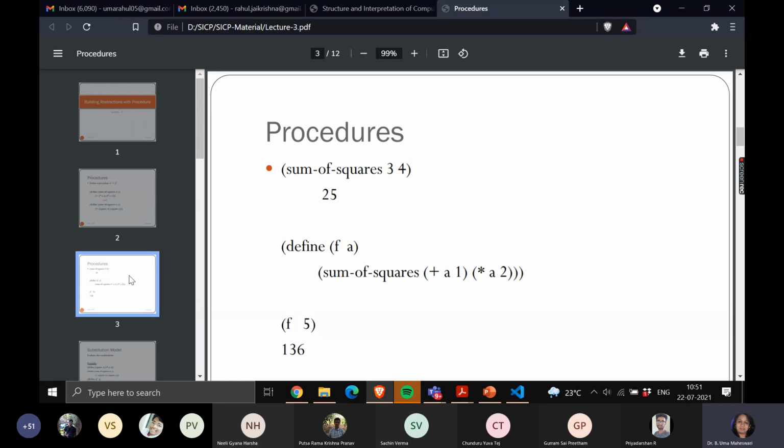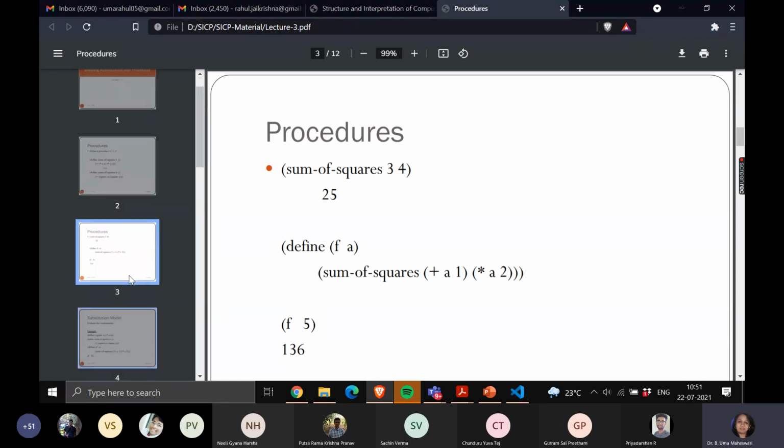So we discussed some procedures called square and sum of squares. Sum of squares is built on top of the square function. We also defined a function called f. F is on top of sum of squares, so f is going to make use of sum of squares as well as the square function.